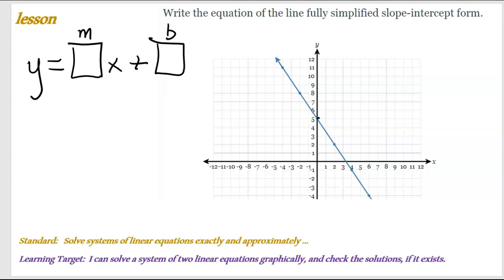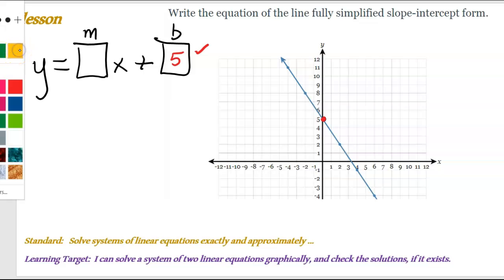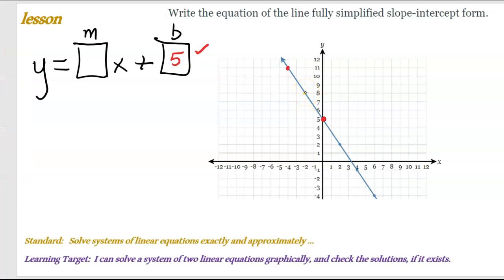Find the y-intercept. So the y-intercept is 5. So, easy peasy. But now we need to find the slope. So here's where you have to take any point. All these points are on my line. So you have a point here, point here, point here, point here. Any of these points.